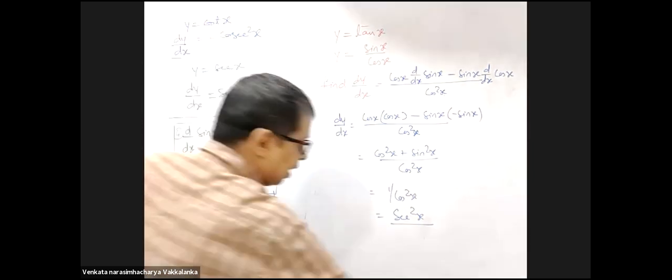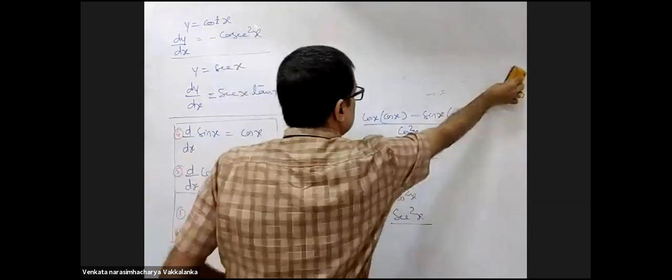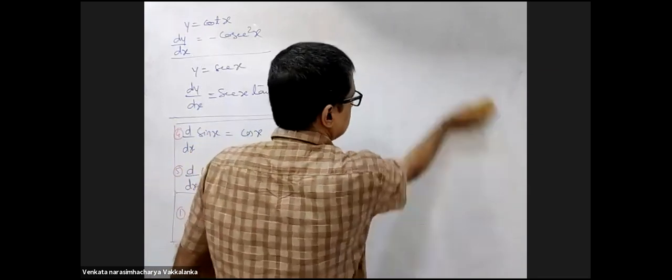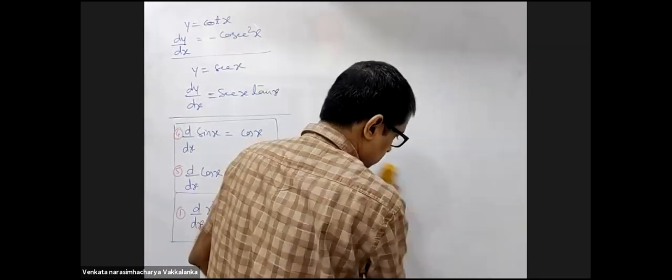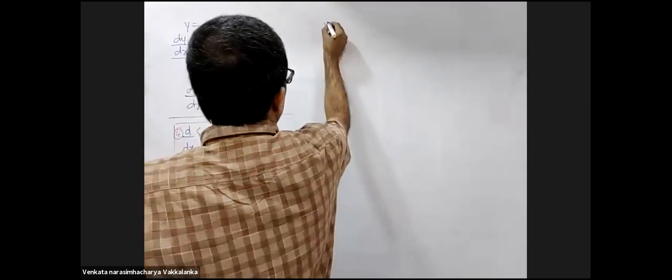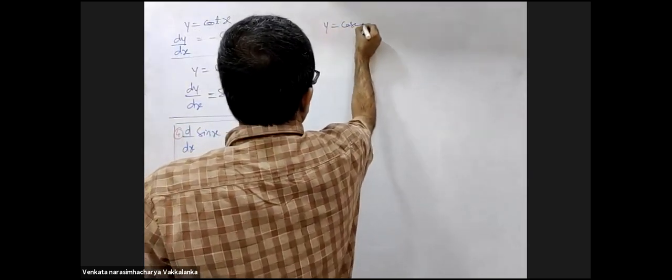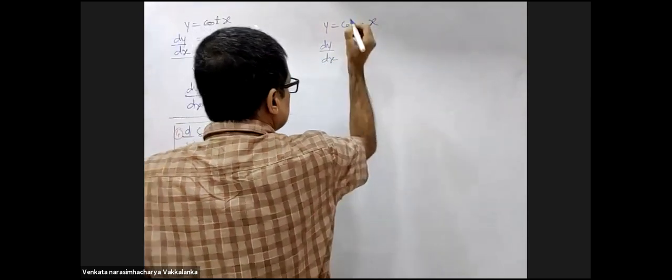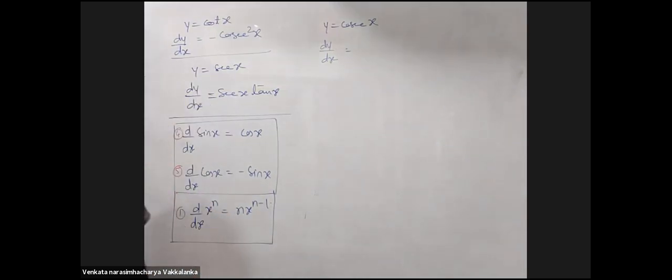The last one is cosecant x. Y is cosecant x, dy by dx. How do you write cosecant x? As 1 by sin x.